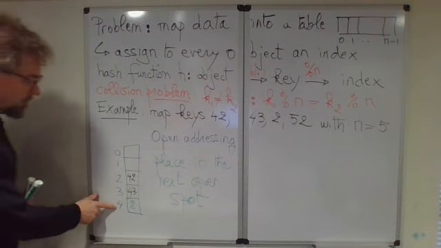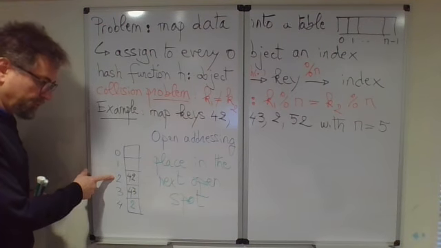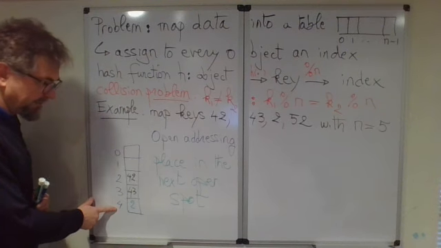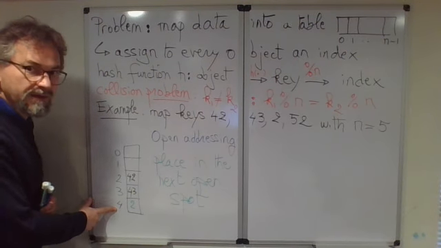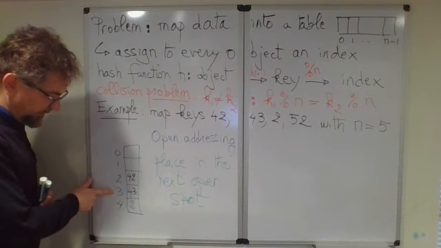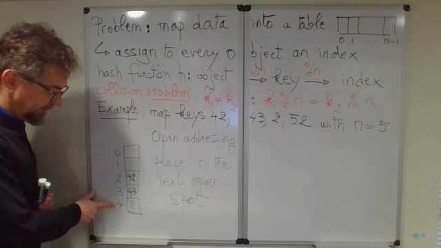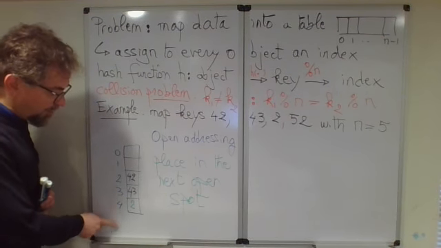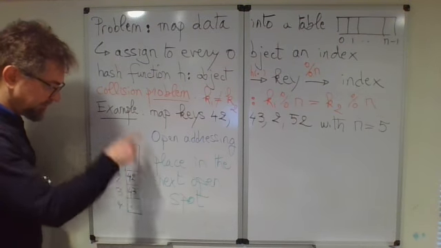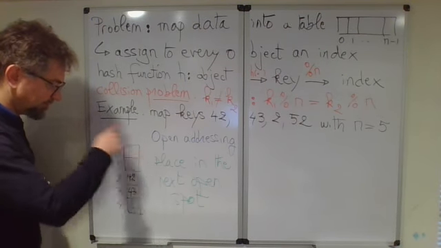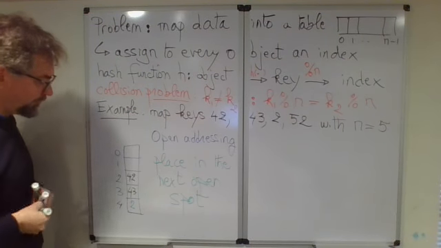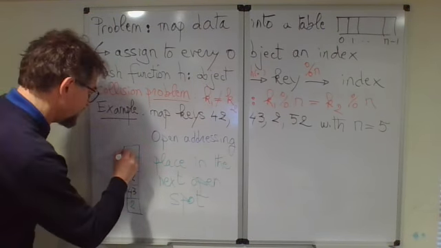So 2 modulo 5 was 2, but we could not place it at position 2 and 3, so we place it in position 4. Now what happens when 52 comes in? 52 doesn't fit here, doesn't fit there, doesn't fit here as well. We cannot go over the index, but when we assign, we do +1 modulo 5. So 52 lands over here.